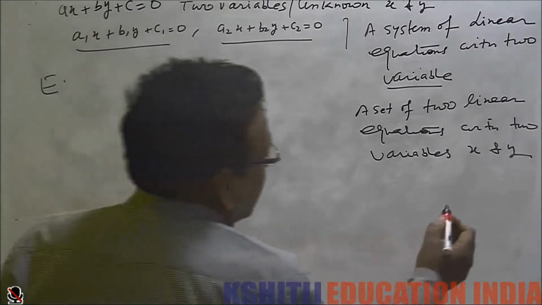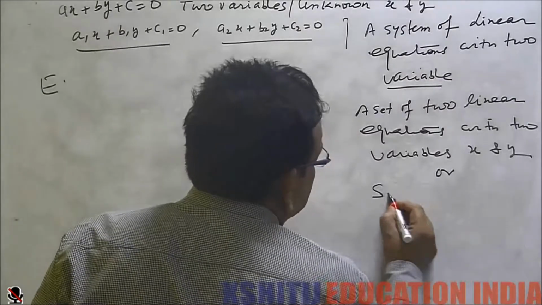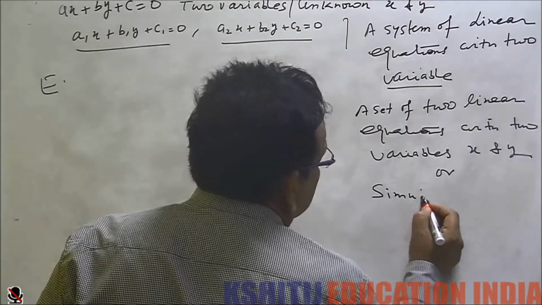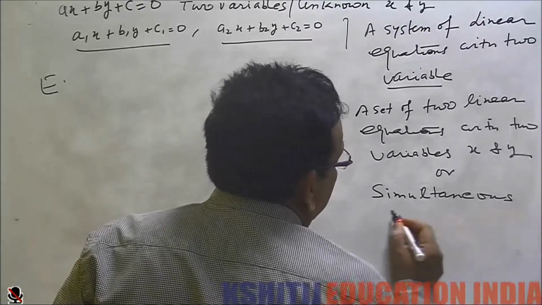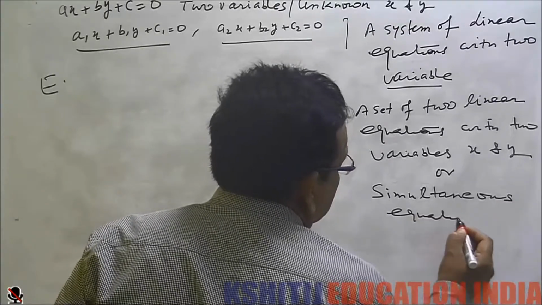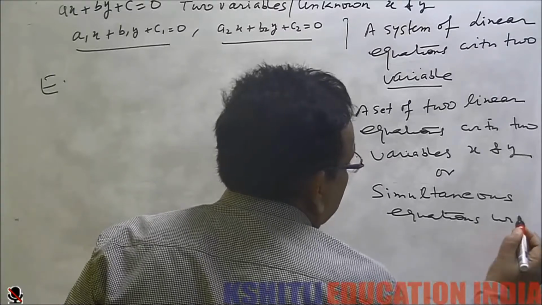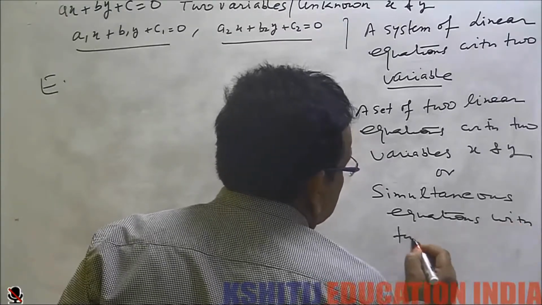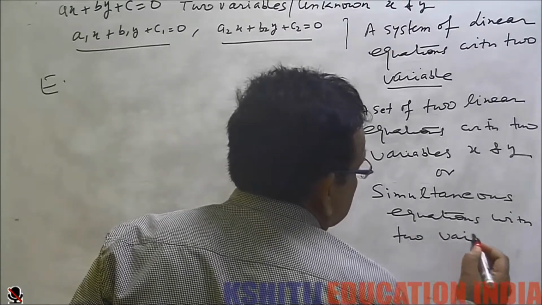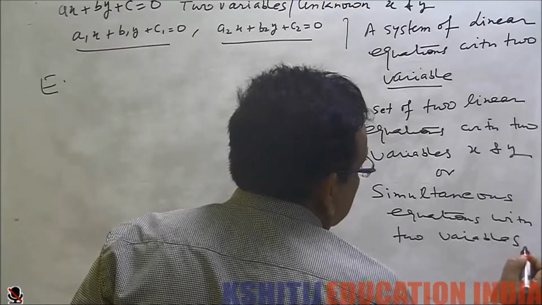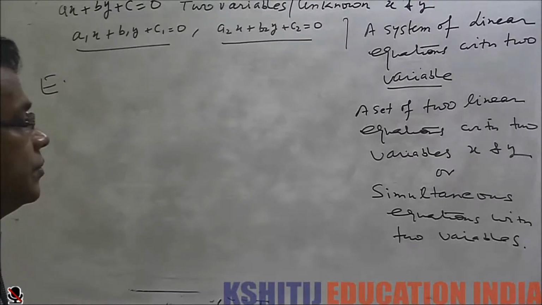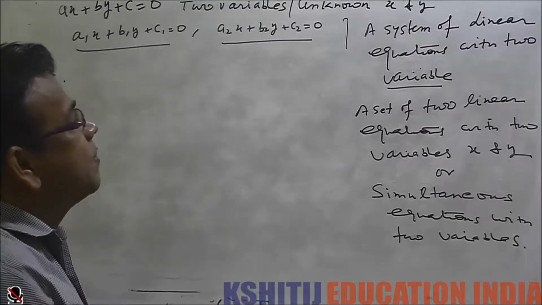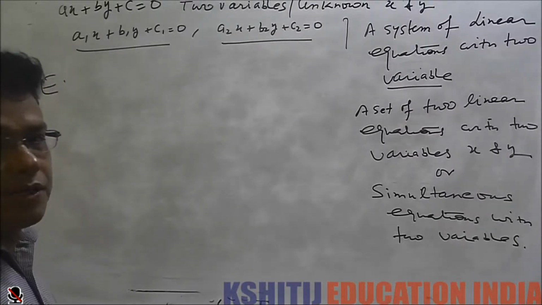And we also call it simultaneous equations with two variables. Right?